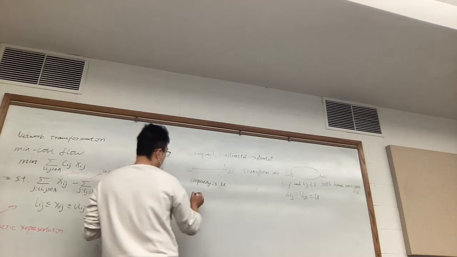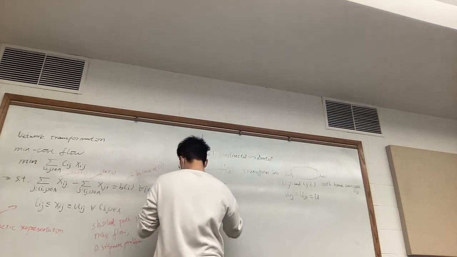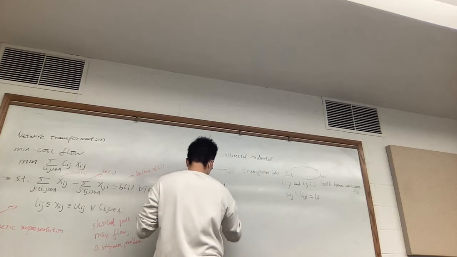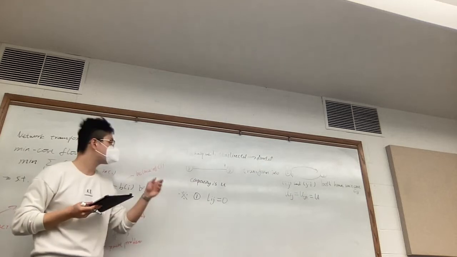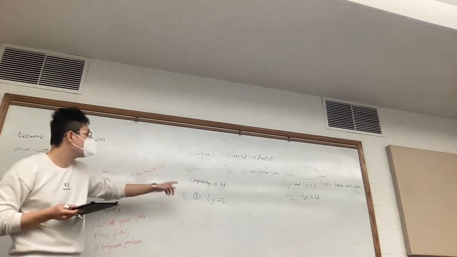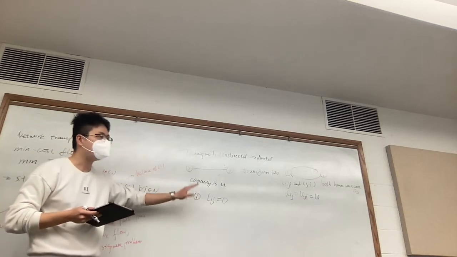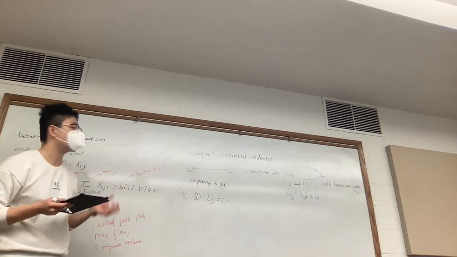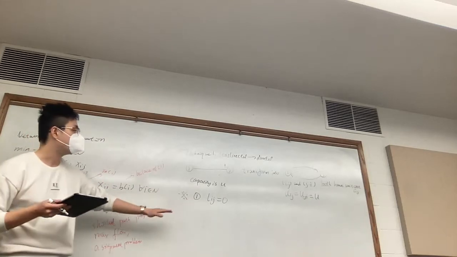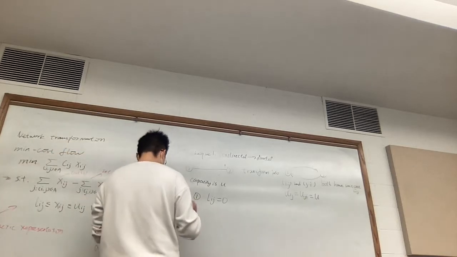The first thing is that Lij must be equal to 0. This is given in a textbook. Or in other words, this transformation is no longer valid if Lij is greater than 0.